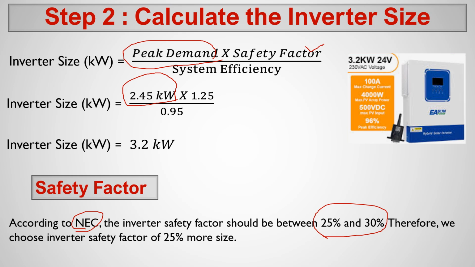The inverter should support the increase of load, and this is called the safety factor. Another reason is that if the load demand suddenly increases, the inverter has to supply that. So we found a 3.2 kilowatt inverter is suitable for this. Okay, we have a 3.2 kilowatt inverter.